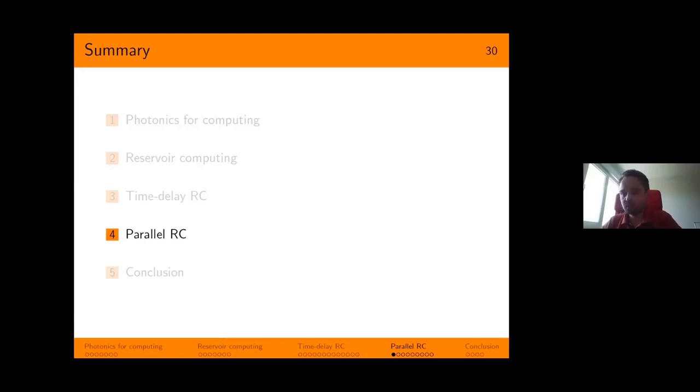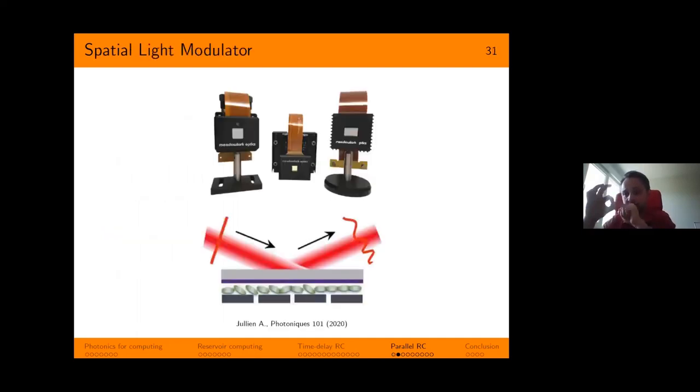But now we need one that acts on the entire cross-section of the beam, and that can act locally in different points of the beam, and that's called a spatial light modulator, or SLM in short. It looks like a device like this with a small screen, and it can modulate different properties of light, such as phase, intensity, or polarization, in different places of the beam.